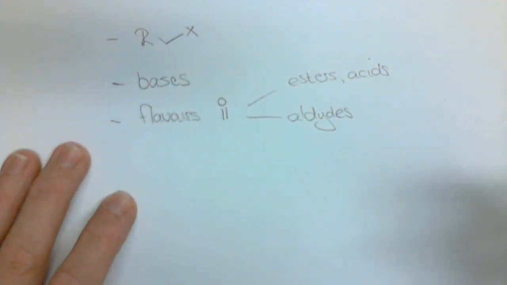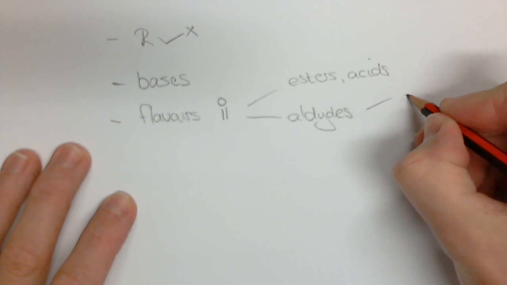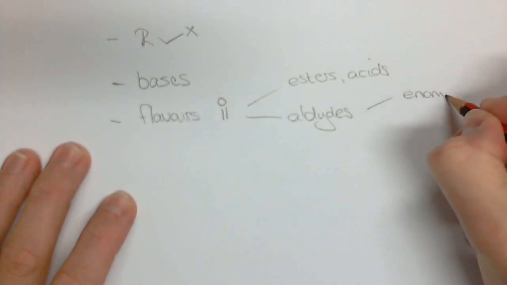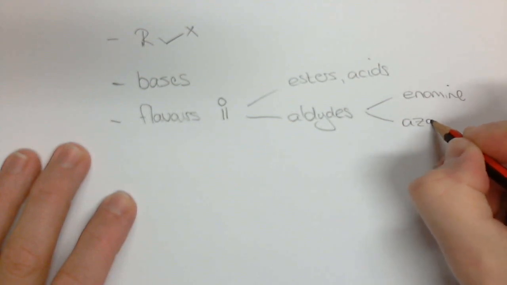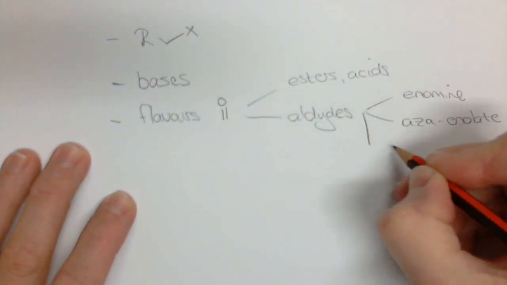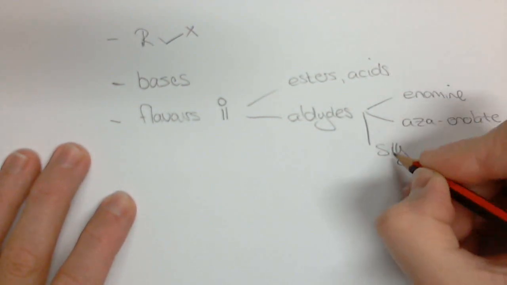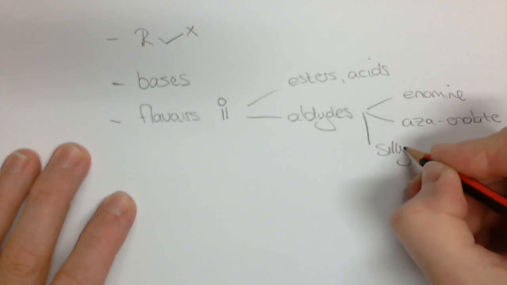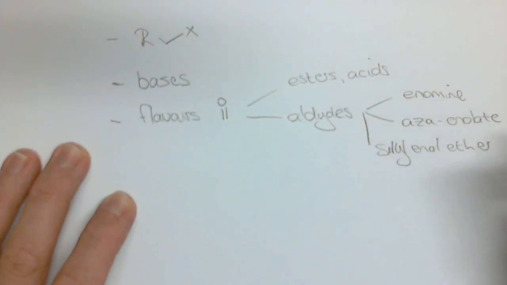So the aldehyde, we had this problem, and there were three solutions to this problem. The first was the enamine. The second was the aza-enolate. And then the third was the silyl enol ether. All right.